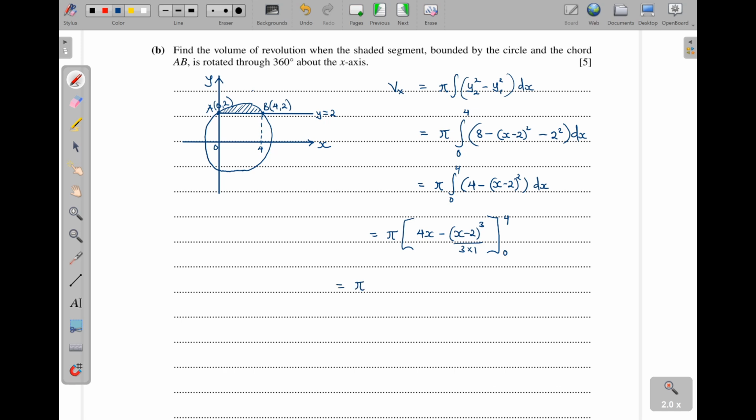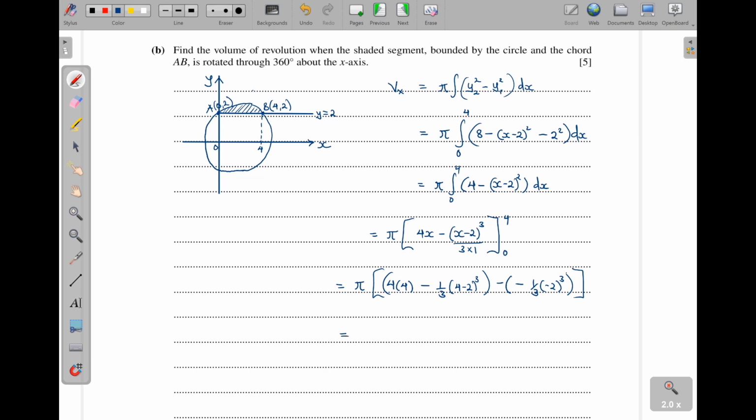Then we shall have pi, then 4x minus, actually let us put the limits right away. So 4 times 4, then minus, this will be 1 over 3 into (4 minus 2) cubed. And then from there, we subtract. Now put 0. Of course, this will be 0. Then minus, we shall get a third into, of course, negative 2 here, power 3.